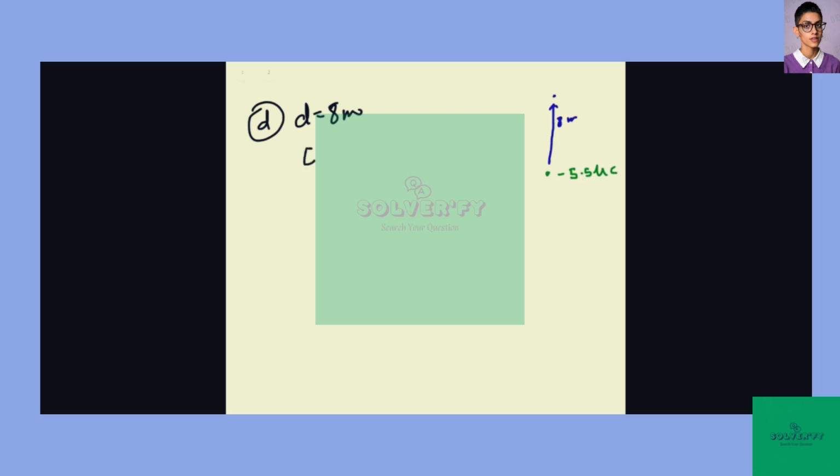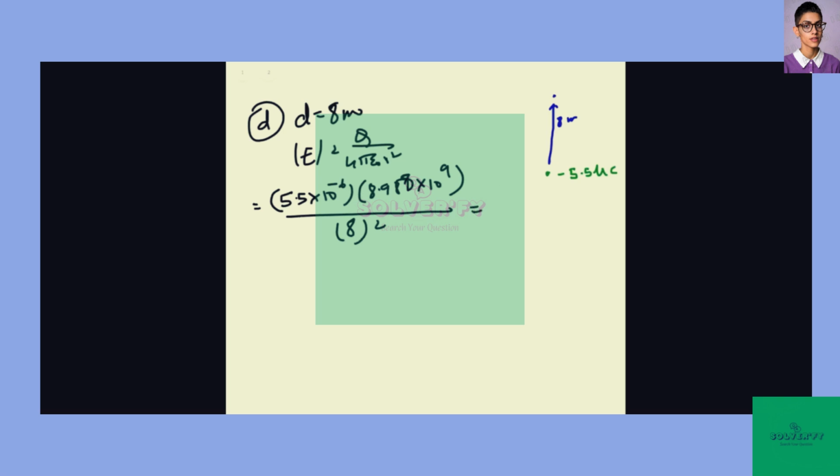So the electric field is again simply Q by 4 pi epsilon naught r square. The charge is again 5.5 into 10 power minus 6. 1 by 4 pi epsilon naught has the value of 8.988 into 10 power 9 Newton meter square per coulomb square, divided by 8 meters squared. This gives us 772 Newton per coulomb.